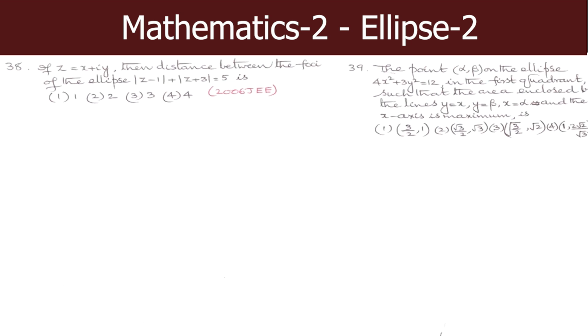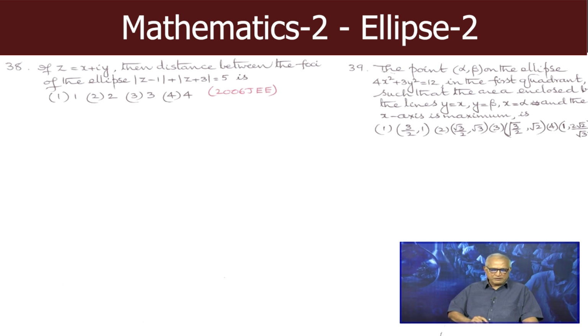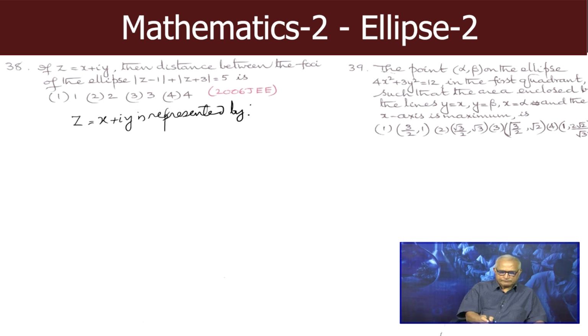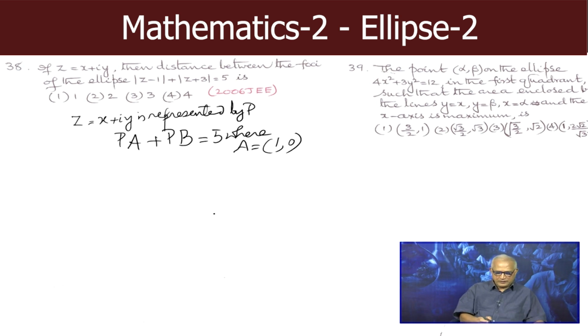Z equal to x plus iy, complex number, distance between the foci of the ellipse. Suppose Z is P. In the complex plane, Z minus 1 is PA, Z plus 3 is PB, equal to 5, where A equal to (1, 0), PA is the distance of Z from (1, 0), and B equal to (-3, 0).